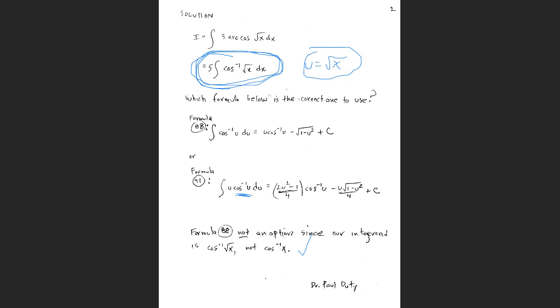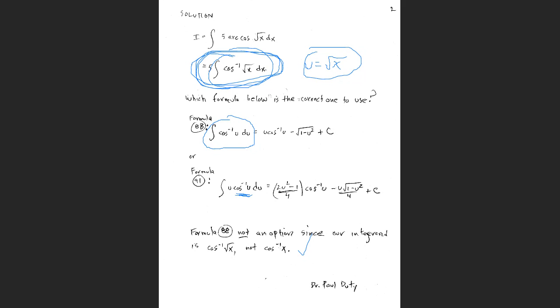I have a question, Professor. Can you elaborate a little bit on why we can't use 88? The problem with 88 is Formula 88 is the integral of the arc cosine of u, but we have the arc cosine of the square root of x. The square root of x is very different; I can't connect the square root of x to the u.